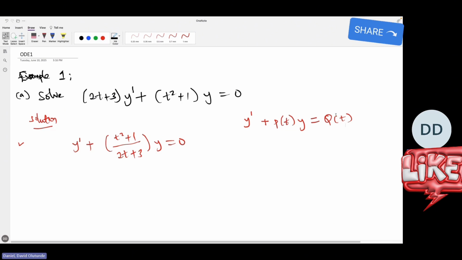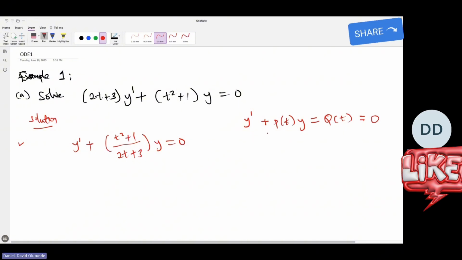But considering the case we are dealing with, it means here that q equals what? Q is 0. Exactly. Q is 0. So this is how a linear first order ODE looks like.